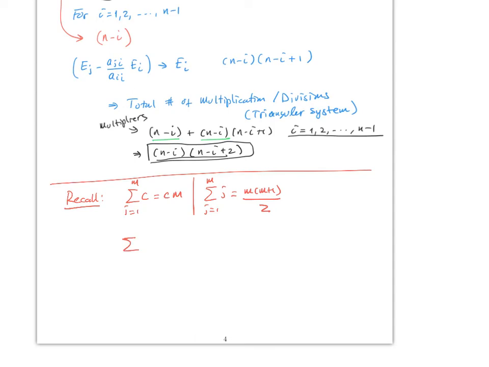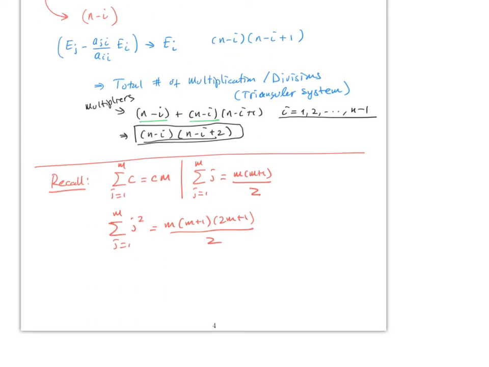And finally, the sum from j equals 1 to m of j squared is equal to m times m plus 1 times 2m plus 1 over 6. You use these formulas when you had to compute the Riemann integrals in calculus 1 in chapter 5. And we're going to need these formulas right now to add all the values of i.